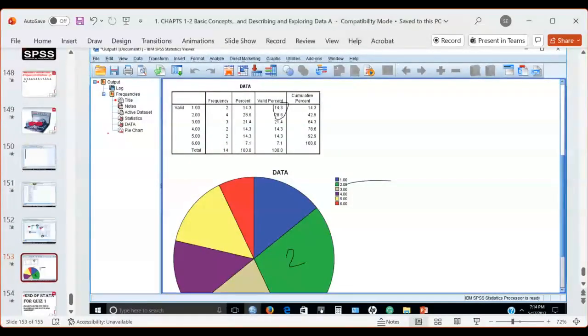And here you can see the frequency distribution, extremely accurate. It says the frequency of 1 was 2, the frequency of 2 is 4.